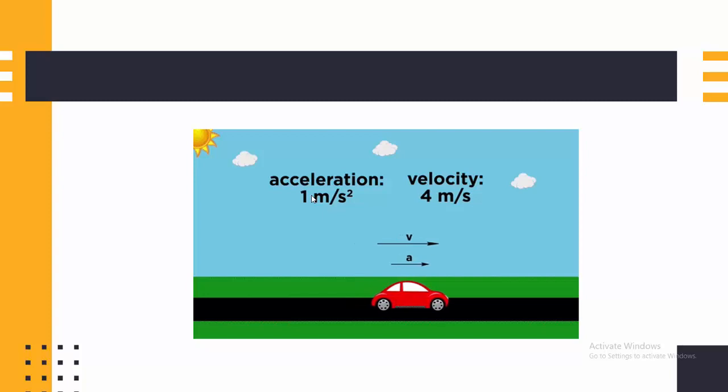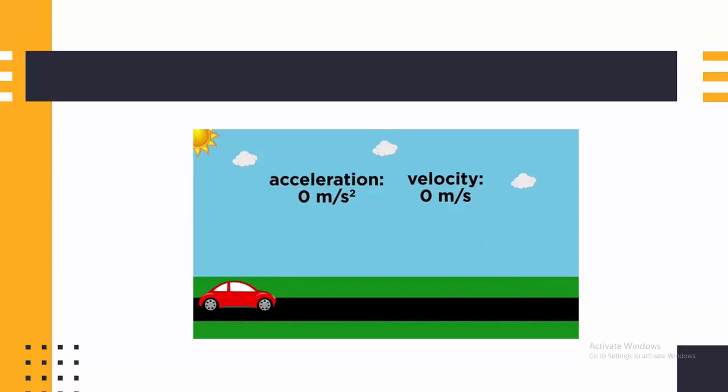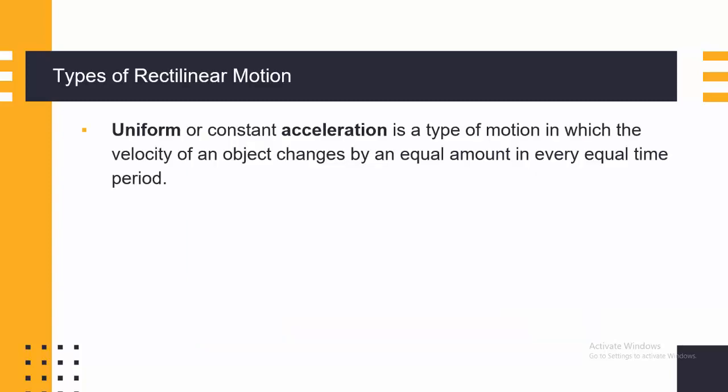Further, it is increased to 4, then 5, and now I am applying the brake, so its velocity becomes 0. That is retardation.